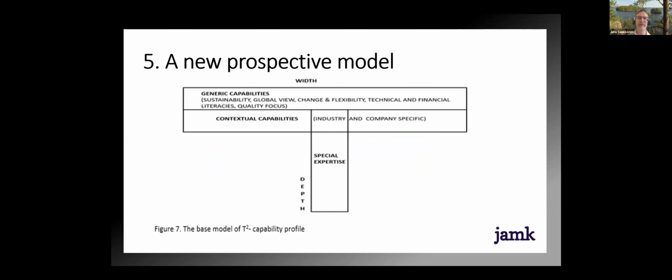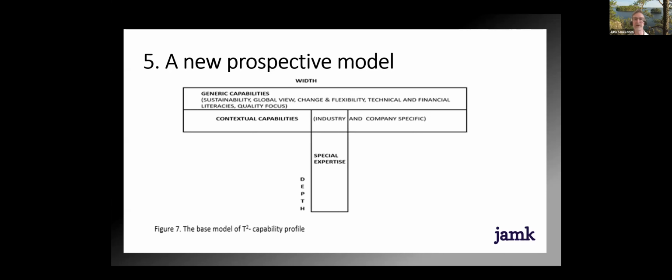And what I say here is that instead of having only one layer of those horizontal capabilities, those combinatory wide capabilities, we could separate them to generic capabilities that are independent of the context where you are practicing those skills. Things like global view, quality focus, technical literacy, financial literacy, they are independent of the context pretty much in today's world.